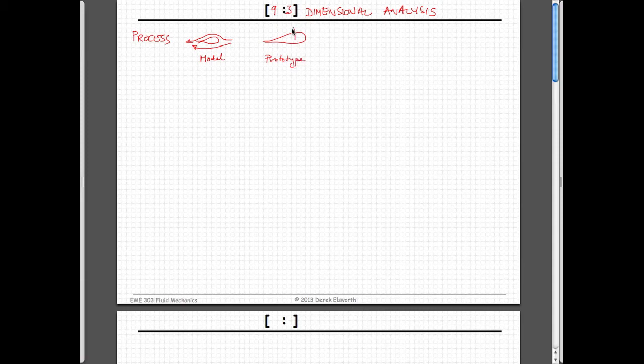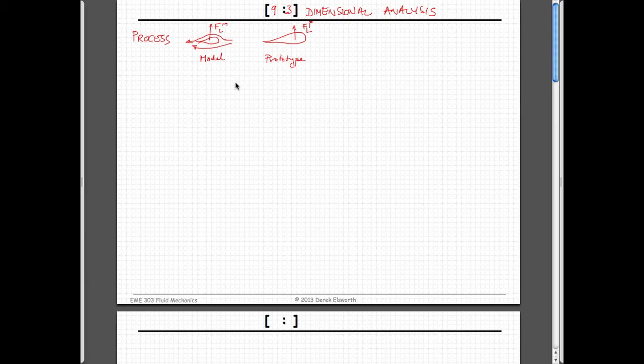And for instance, maybe we want to calculate the lift on here. We use superscripts for prototype and model. It's not so useful when we have a v squared term, which is also a superscript, but that's really what we're dealing with.